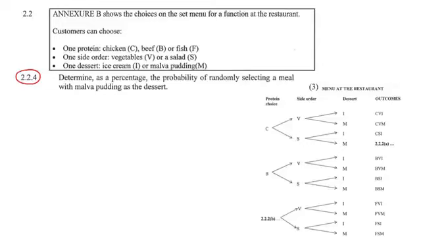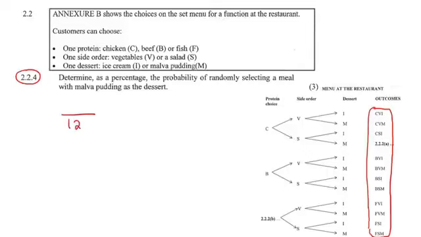Then this question says, determine as a percentage the probability of choosing a meal that has malva pudding as the dessert. So what we can do is we can actually just look at all of these over here. This is one way to do it. There's actually easier ways of doing it, but I'm going to show you all the different options. So out of all of those options, there's 1, 2, 3, 4, 5, 6, 7, 8, 9, 10, 11, 12.